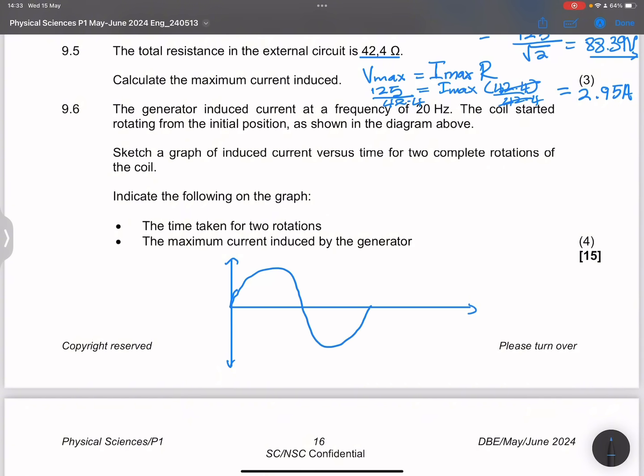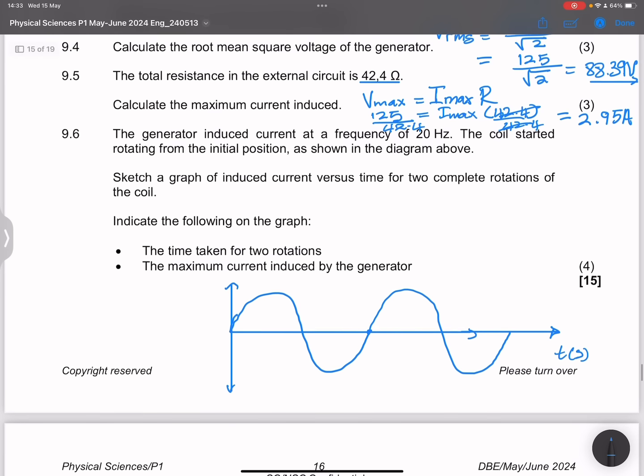Okay. And we're going to have another rotation there. So for one full rotation, remember, we're talking about alternating current here. So as a result, this is what's going to happen. For one full rotation, we'll have maximum and minimum, right?